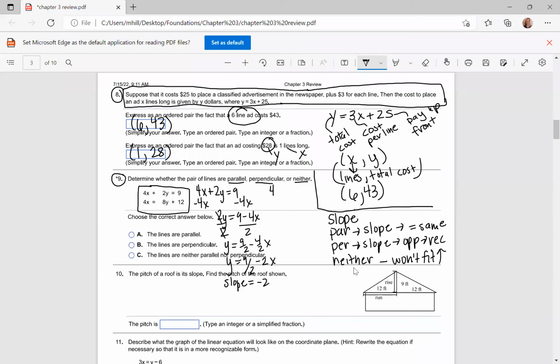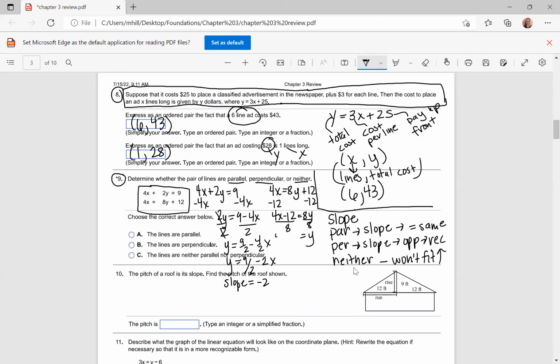We look at this other line, 4x plus 8y. Nope, sorry, copied that down wrong. Second line, 4x equals 8y plus 12. Now we're solving this for y, so we're moving everything to the other side away from the y. So subtracting 12, 4x minus 12 is equal to 8y. Then we want to divide everything by 8.